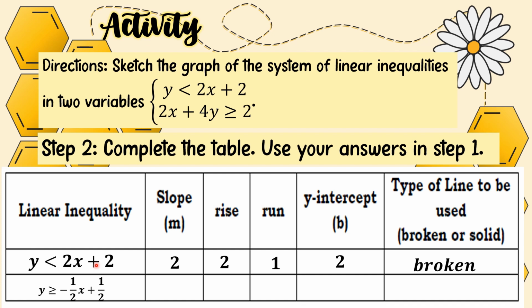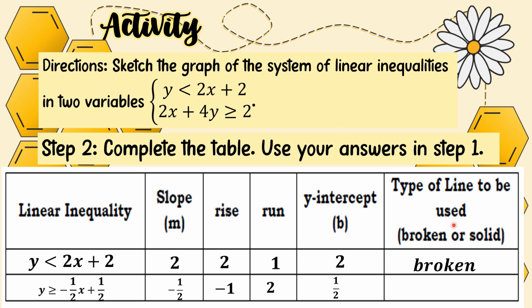The second inequality that we have is y is greater than or equal to negative 1 half x plus 1 half. Our slope here is the negative 1 half. Our rise is negative 1, and our run, the one below or the denominator, is 2, and our y-intercept is the positive 1 half.